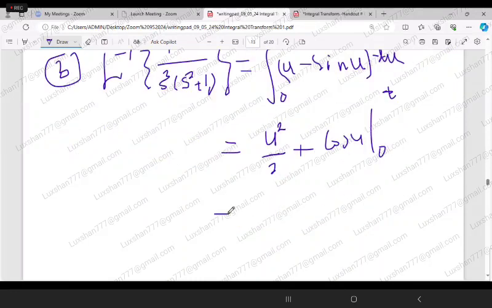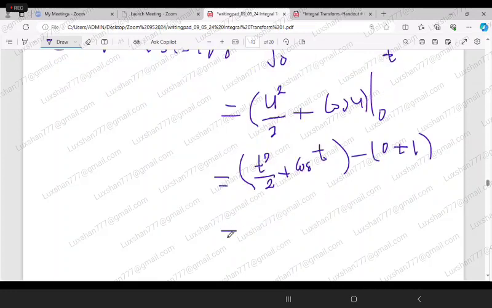So if you substitute t here, that becomes t squared by 2 plus cos t. And if you substitute 0, this becomes 0 plus 1.